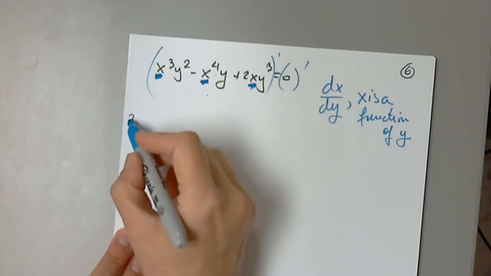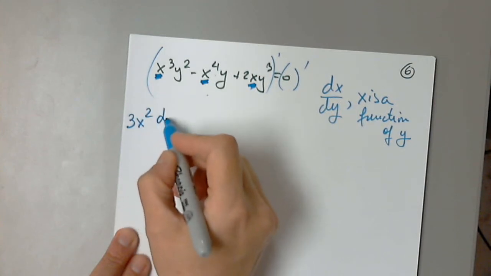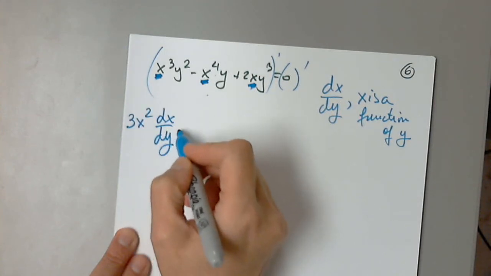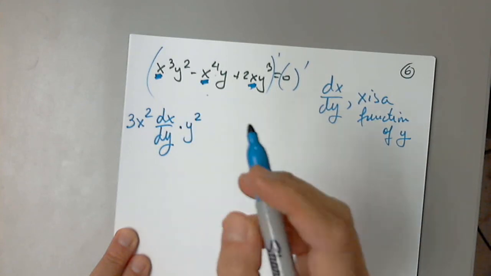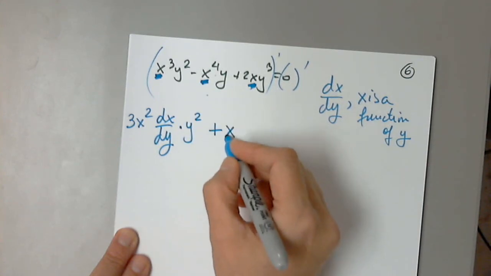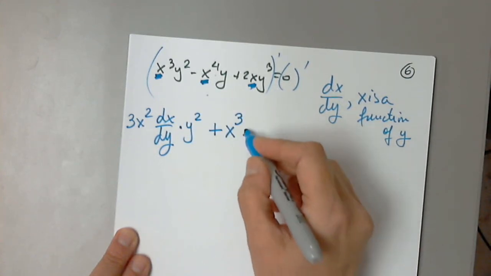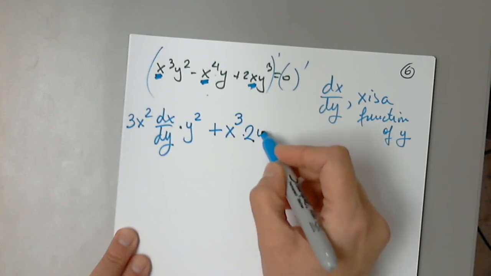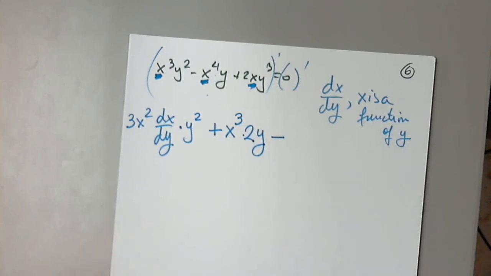So 3x squared dx over dy times y squared plus x cubed times 2 times y. Y is the variable, so when I differentiate x cubed, I get 3x squared times dx over dy times y squared plus x cubed times y squared. Y is the variable, it's just 2y. Done.